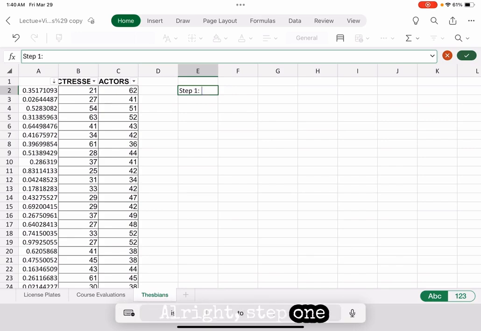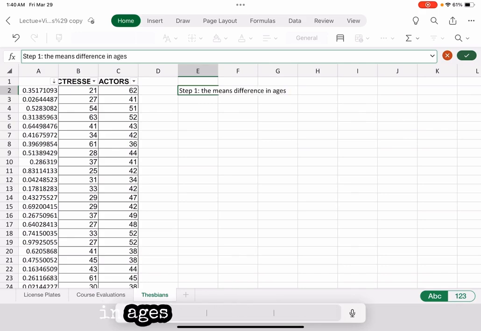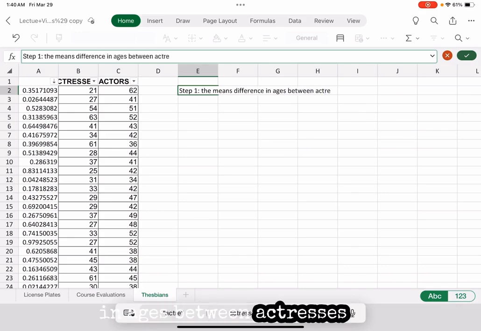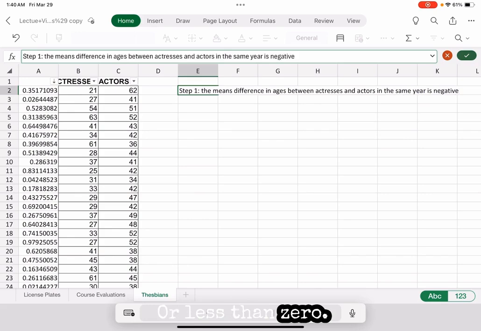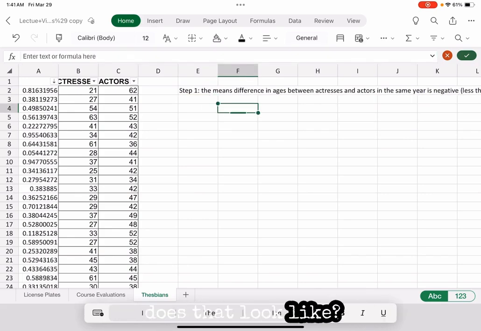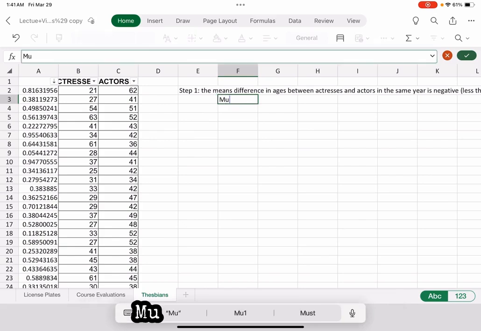All right, step 1, the mean difference in ages between actresses and actors in the same year is negative, or less than 0. Symbolically, what does that look like? Mu d is less than 0.